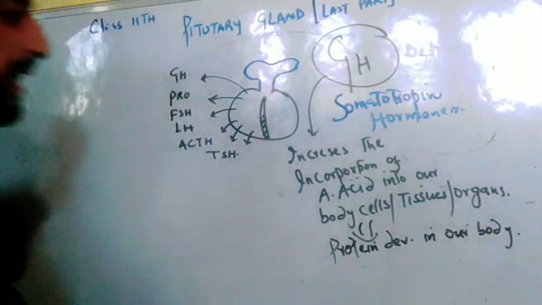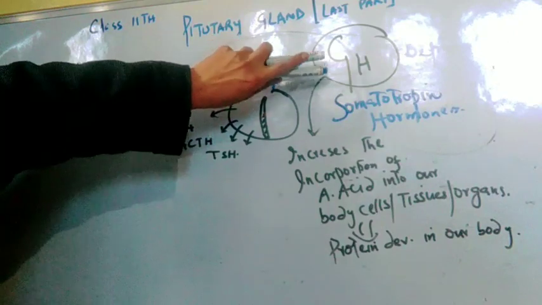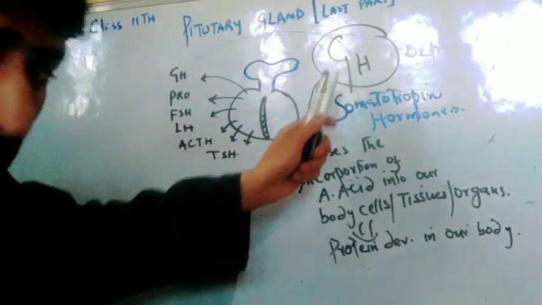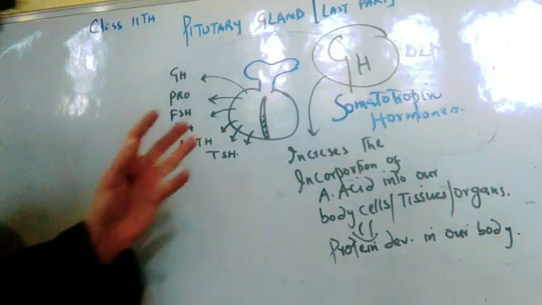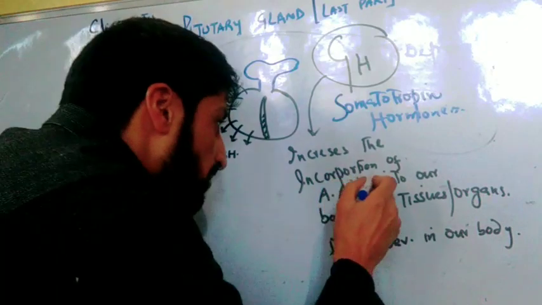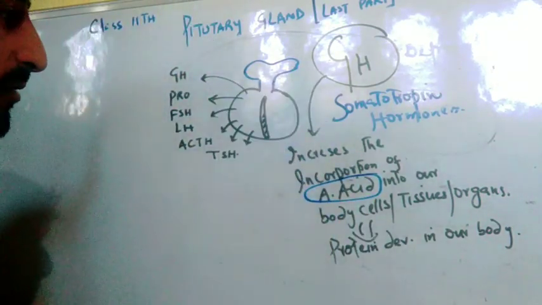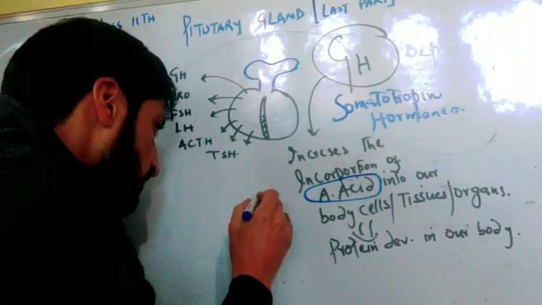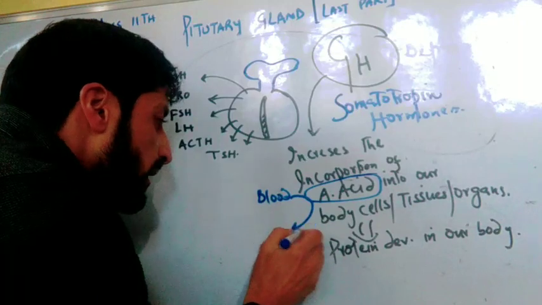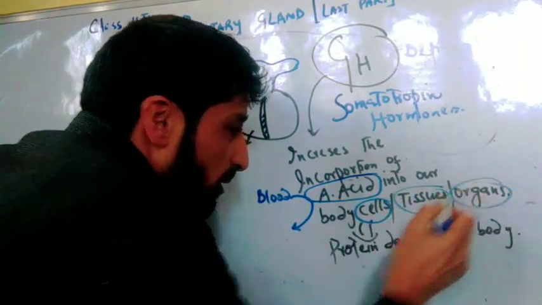What I told you is that this growth hormone enhances the movement of amino acids. Actually, what I said is that the movement of amino acids increases. From the blood, amino acids move into our cells, into our tissues or into our organs.